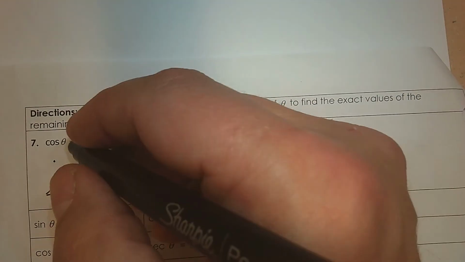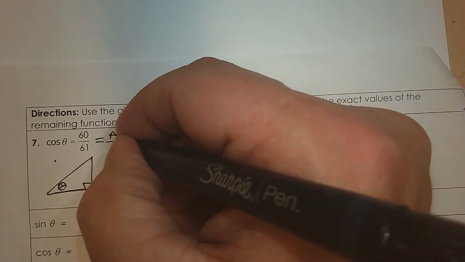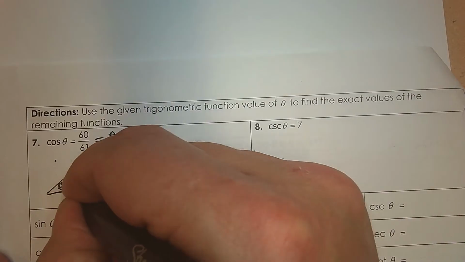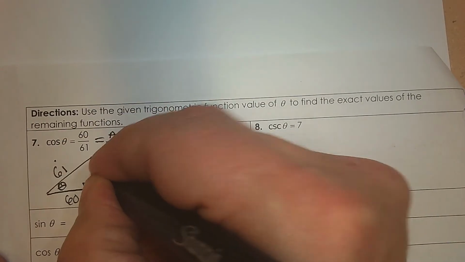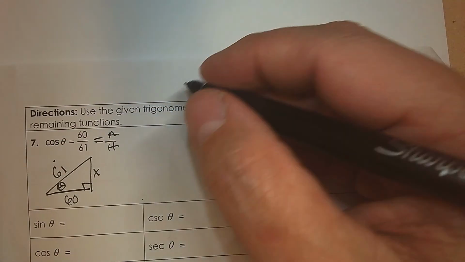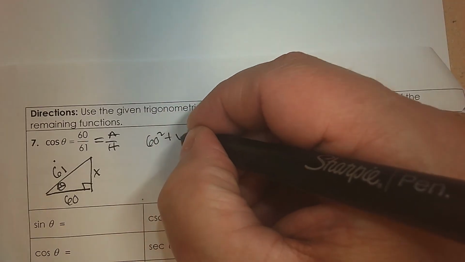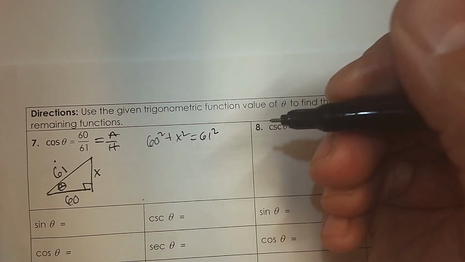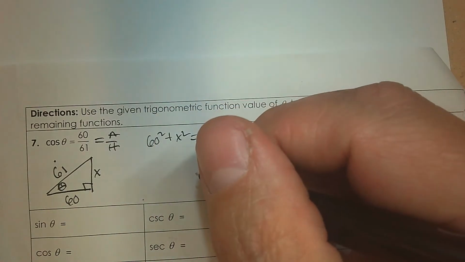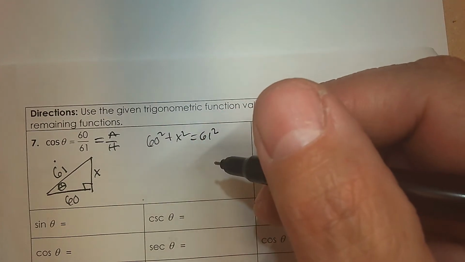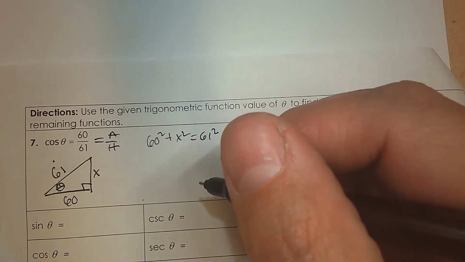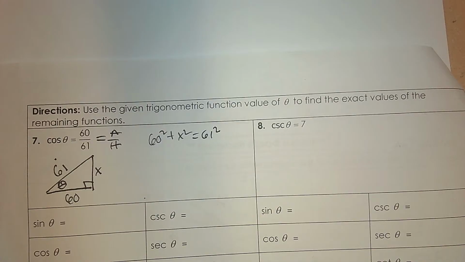So cosine, by definition, is adjacent over hypotenuse. So the adjacent side and the hypotenuse, and then find the missing side, which is opposite. So 60 squared plus x squared equals 61 squared. Use your calculator.